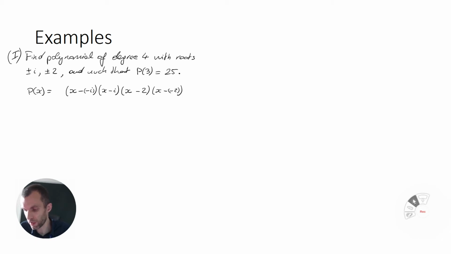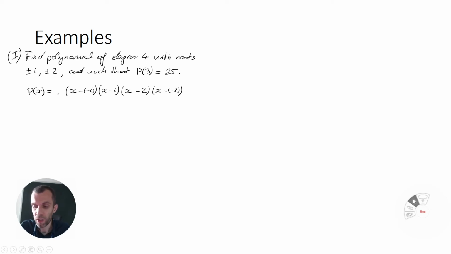So I write it out a bit in full, but I hope you see minus minus will become plus and so on. If you multiply this out, you have an x here, an x here, here, and here. So you will get, if you multiply these things together, a polynomial of degree 4. So we already have half of the answer here.